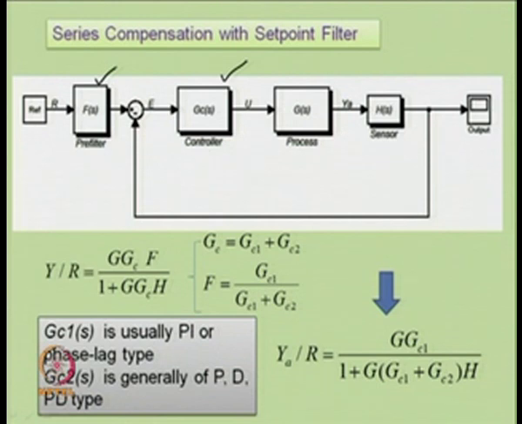How is it different from the series feedback compensation scheme? It is exactly the same as the series feedback compensation scheme when the controller GC equals GC1 plus GC2 and F equals GC1 upon GC1 plus GC2.